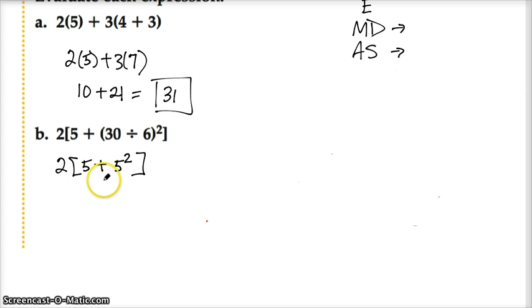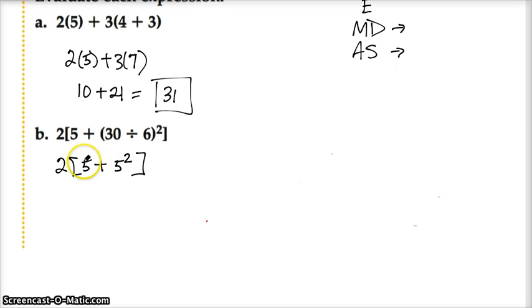Sometimes I make mistakes. So I've taken care of the parentheses. Well, actually, I haven't taken care of all the grouping symbols. Here's this bracket here. I need to do what's in the bracket. So now that I'm inside the bracket, I'm still going to apply the order of operations, and the first thing I'm going to do is take care of this exponent. Does that make sense? I hope so.